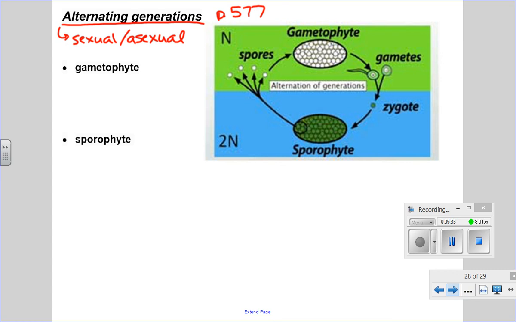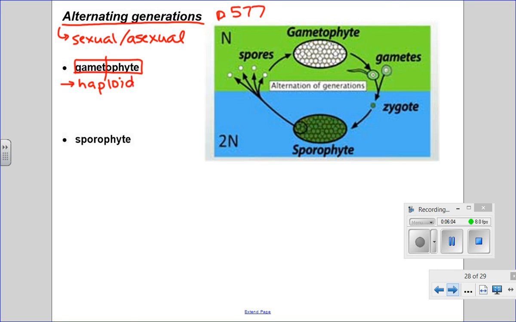Now, there are two terms that are important here that are new. The first term is gametophyte. If you look, it has the word gamete in it. So the gametophyte is the name we would give to the structure, to the organism, when it is in the process of producing gametes. A gametophyte is haploid.